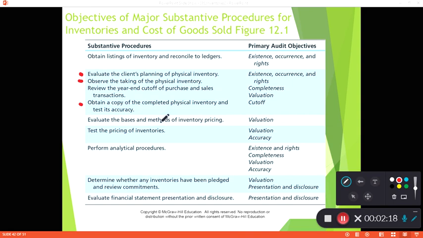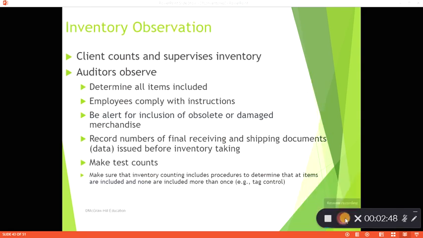Let's go back in the process to the asset and make sure it's there. We'll talk about a few of these others as well. This is a good slide to come back to after we've gone through the details, to make sure you understand why they help with these particular assertions.